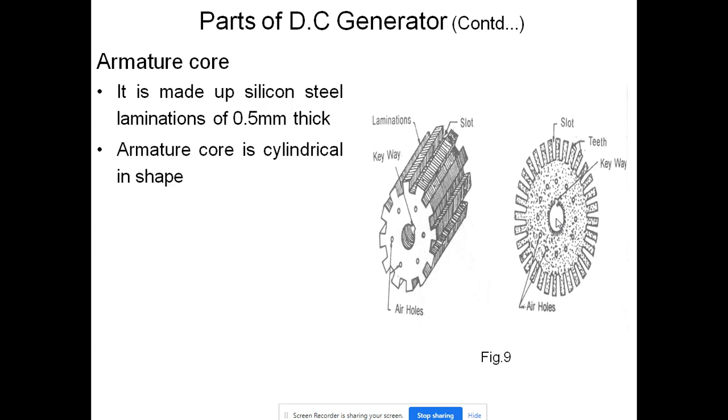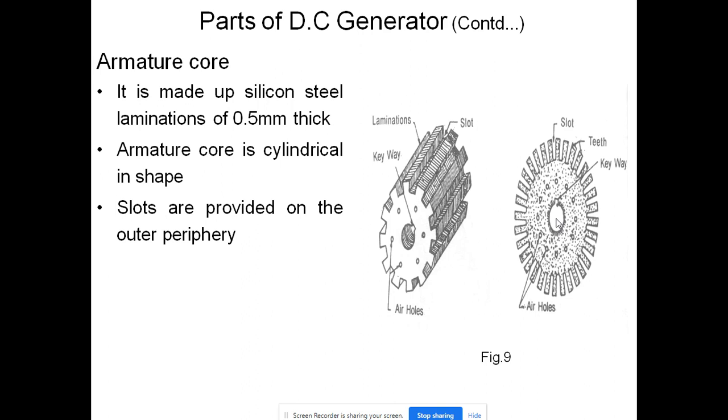This armature core is made of silicon steel laminations of thickness 0.5 mm. Mainly it is made of silicon steel in order to reduce the hysteresis losses and decrease the resistance.